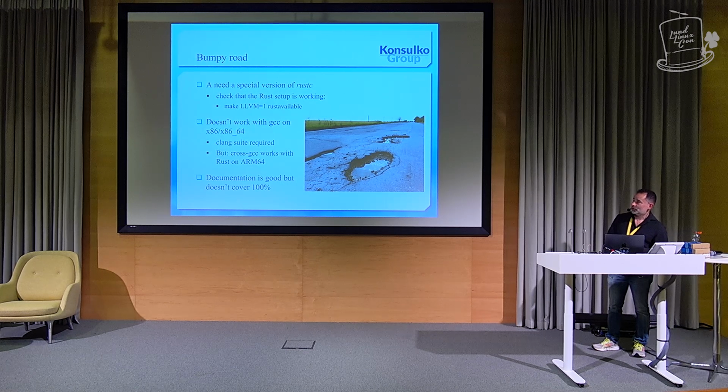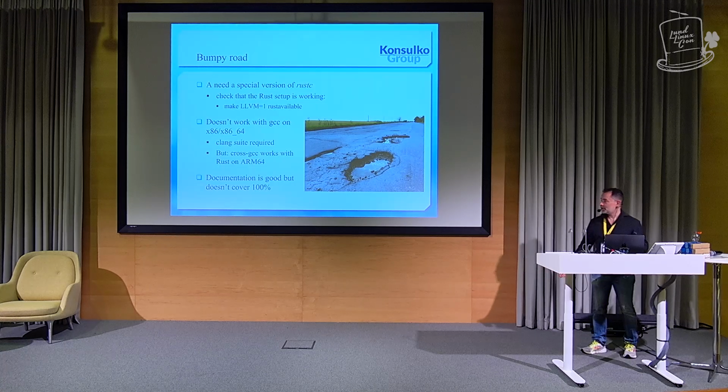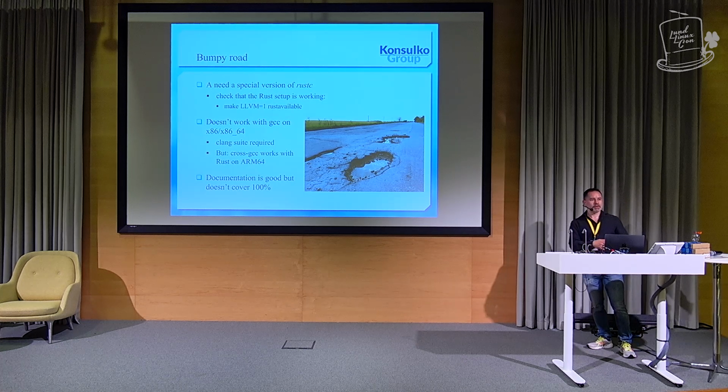That wasn't really easy because the first thing I did, I installed the Rust compiler on the Ubuntu workstation, and then I figured out that it wasn't the version that I could use with this Linux kernel revision.